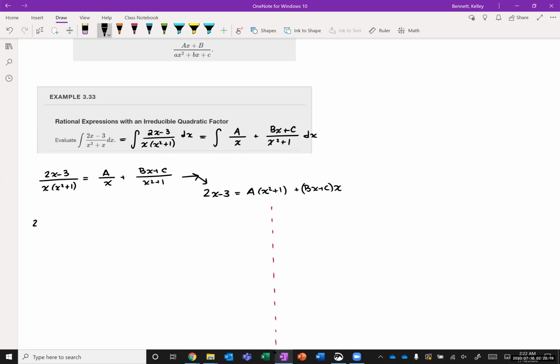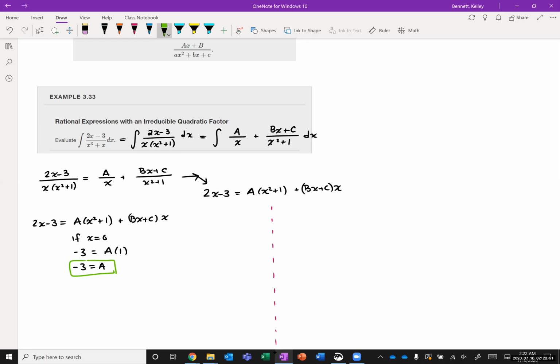So 2x minus 3 equals a times (x squared plus 1) plus (bx plus c) times x. For sure, x equals 0 is a killer x. Great choice. It's actually the only one. So if x equals 0, then I get negative 3 equals a times 1, which is really just saying a equals negative 3, which is great.